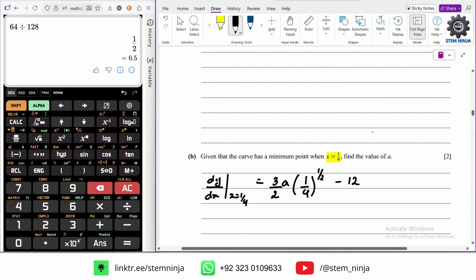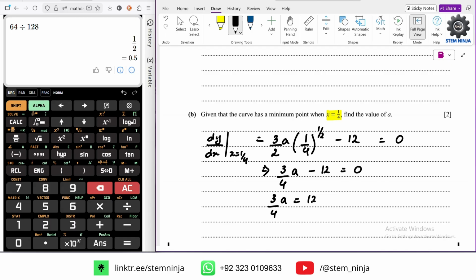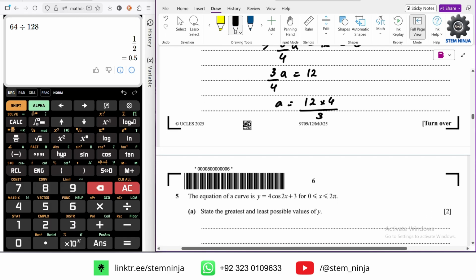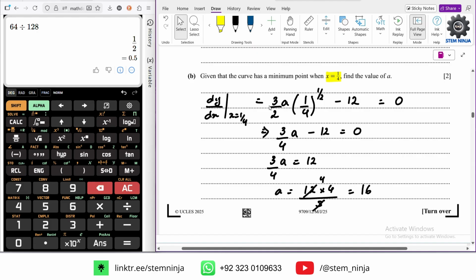Just to be sure, yes, okay. Equal to 0. The square root of 1 over 4 is just 1 over 2. So this will become 3 over 4a minus 12 equal to 0. So 3 over 4 of a is equal to 12, and therefore a would be 12 times 4 over 3. So it's obviously clear, 3 times 4, and this is 60. Right. Okay, let's move on to the next question.